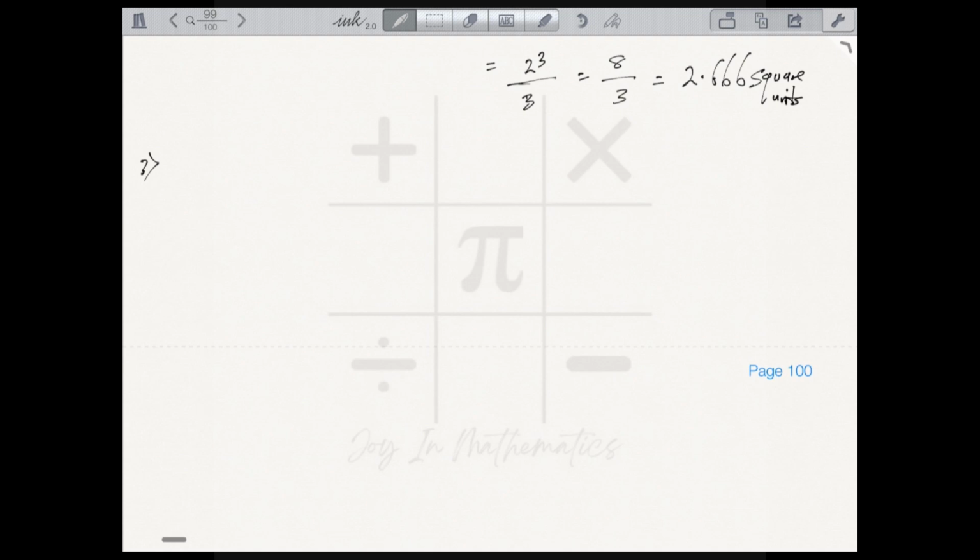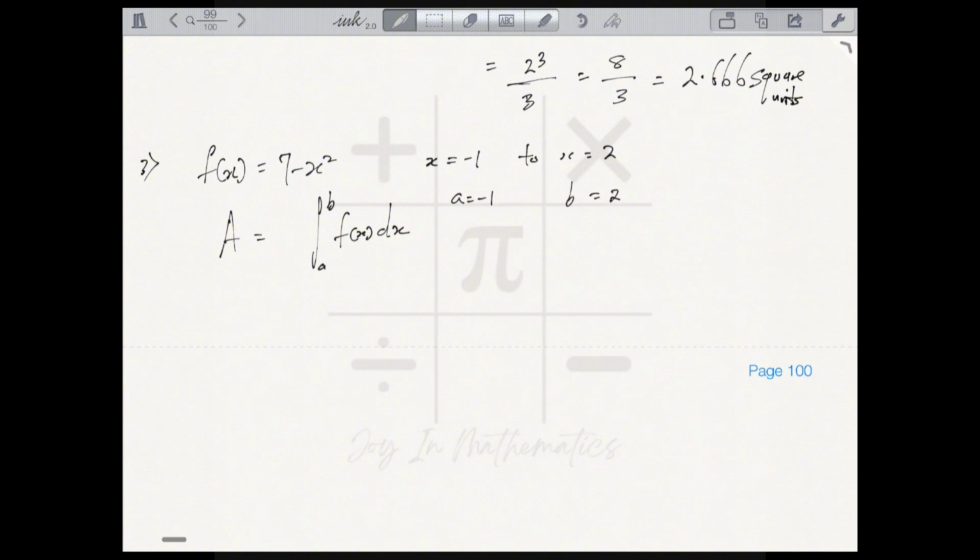Simply, we know that our area is the integral from a to b of f of x dx, and our a is minus 1 and our b is 2. So substituting that, we have the integral from minus 1 to 2 of 7 minus x squared dx.